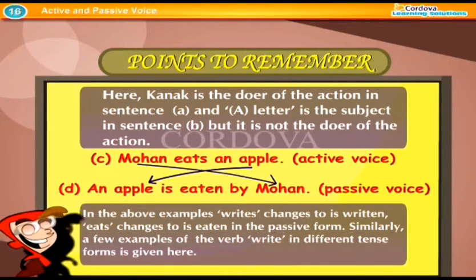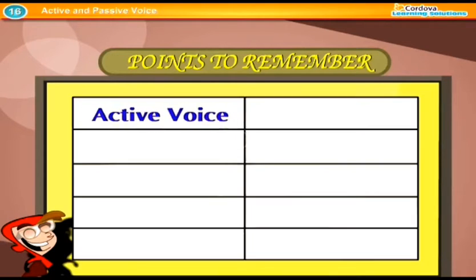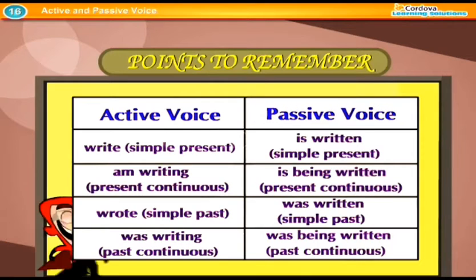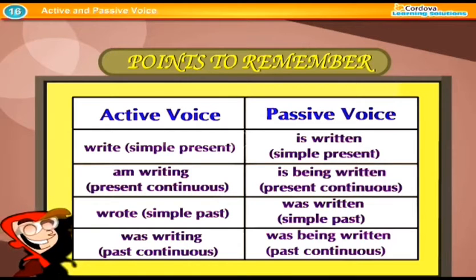Similarly, a few examples of the verb write in different tense forms are given here. Active voice, write, simple present. Passive voice, is written, simple present. Active voice, am writing, present continuous.